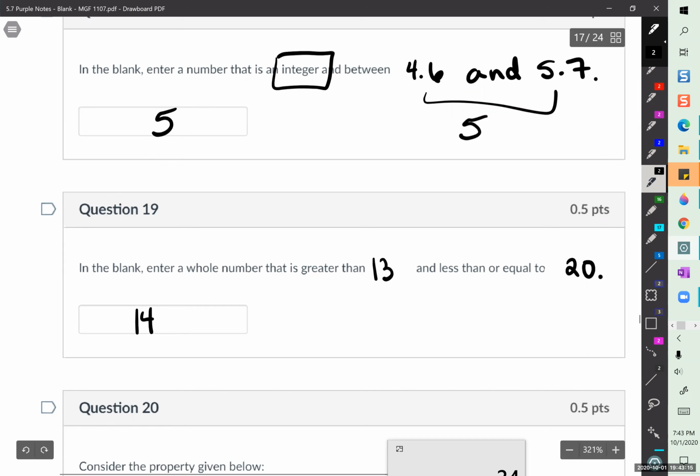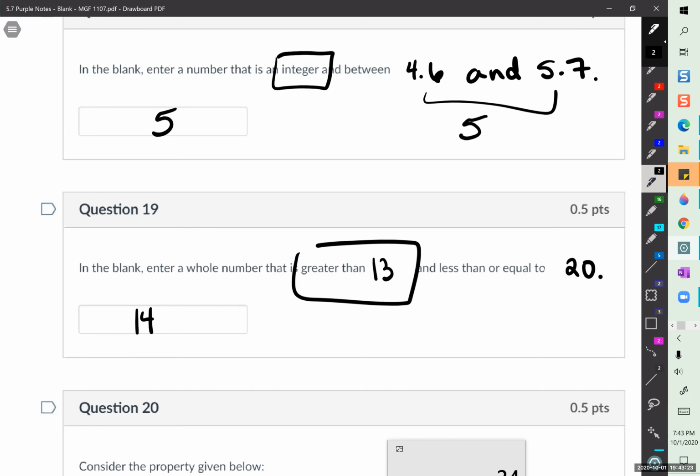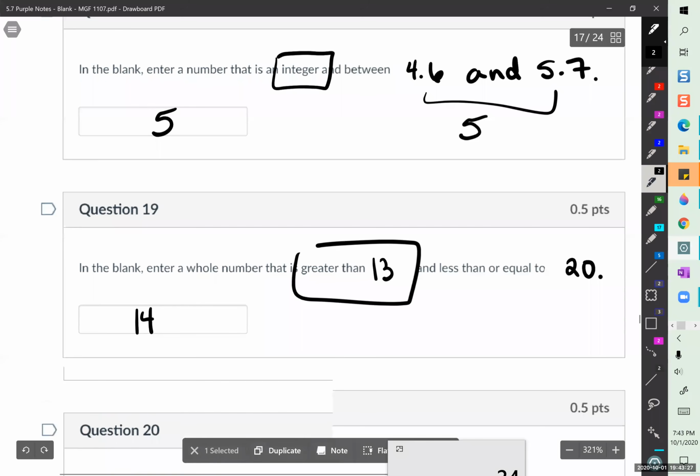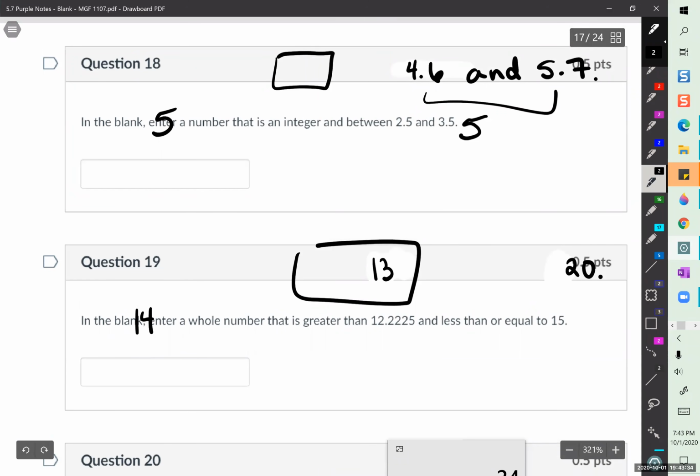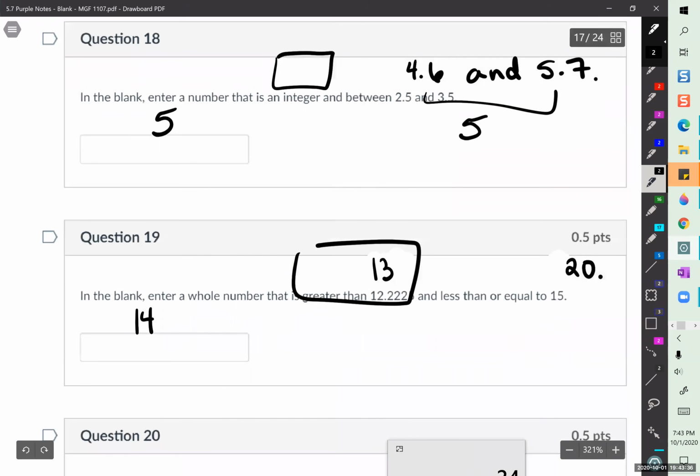And this would be one of those problems where I would have made the rubric where, for instance, could I include 13 if it said greater than 13? No, good. So 13 wouldn't count, but 14 would be the first one. Let's fix that.